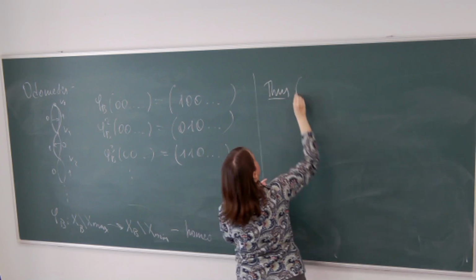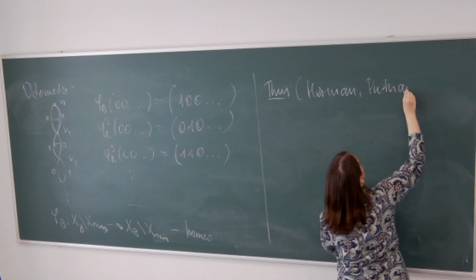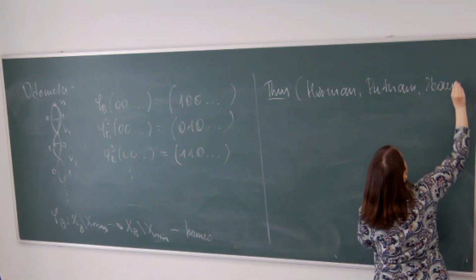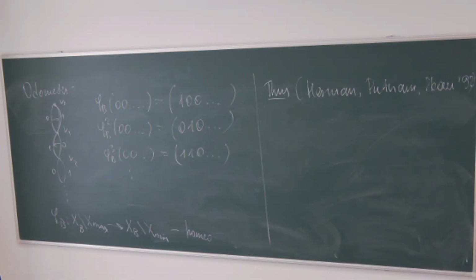It was proved by Herman, Putnam and Skau in 1992 that any minimal homeomorphism of a Cantor space is topologically conjugate to a Vershik map acting on a path space of a Bratteli diagram. There are some more conditions. One can say even more precisely that this diagram can be built to have a unique minimal and unique maximal path and be so-called simple. Roughly, it means that on consecutive levels, all vertices are joined by edges. But this is for standard diagrams.